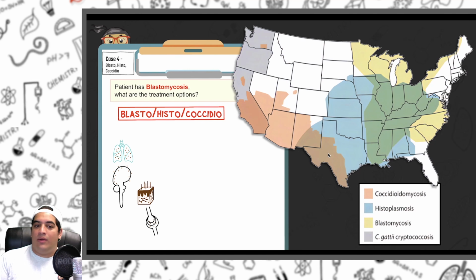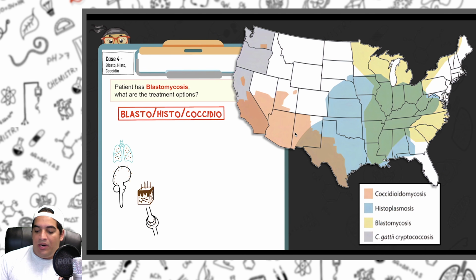We have a patient who has what's called either blastomycosis or histoplasmosis or coccidioidomycosis. And as we talked about, this is an endemic type of fungal infection that's dependent upon the geographical location that you're at. So as you can see, histoplasmosis would be in this part of the US, you can see blastomycosis in this part of the US, and then again, you can see coccidioidomycosis over here in this particular part of the US.